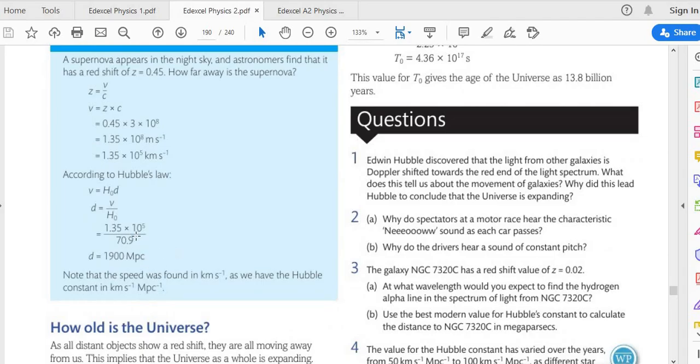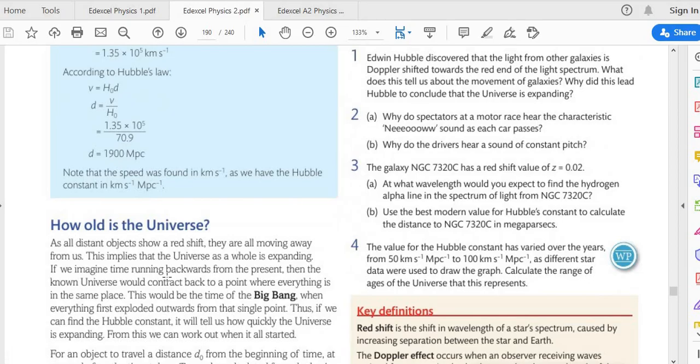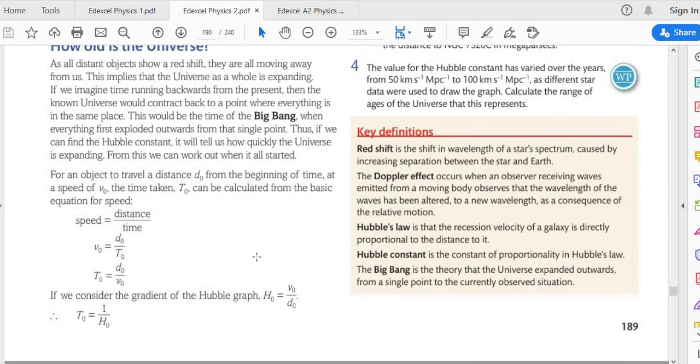Remember you have to have the units consistent so that they cancel out and give you this unit. So it will be 1900 megaparsec. Note that the speed was found in kilometers per second, as we have the Hubble constant in kilometers per second per megaparsec. Okay. Then about how old the universe is, we can also find using this equation.